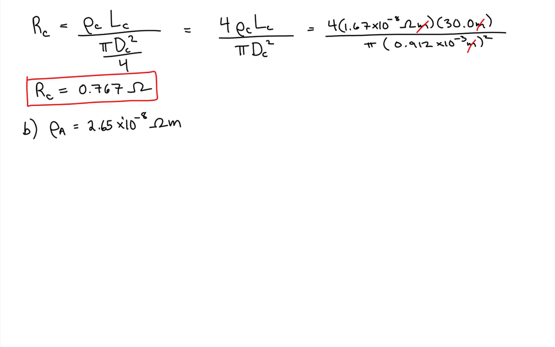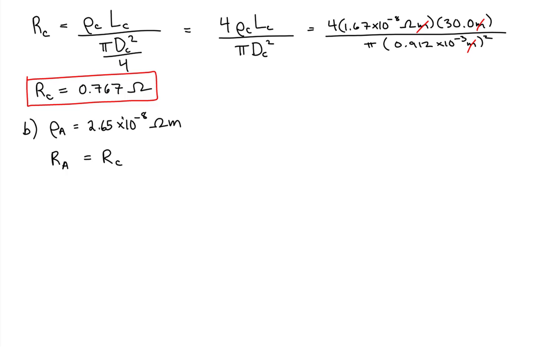So in other words, we could use this relationship. The resistance of the aluminum wire must be equal to the resistance of the copper wire.